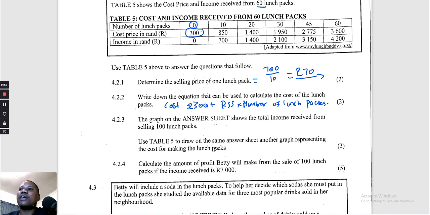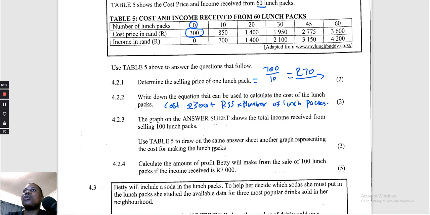Use table 5 to draw on the same answer sheet another graph representing the cost for making the lunch packs. So now we need to draw the graph of the lunch pack.